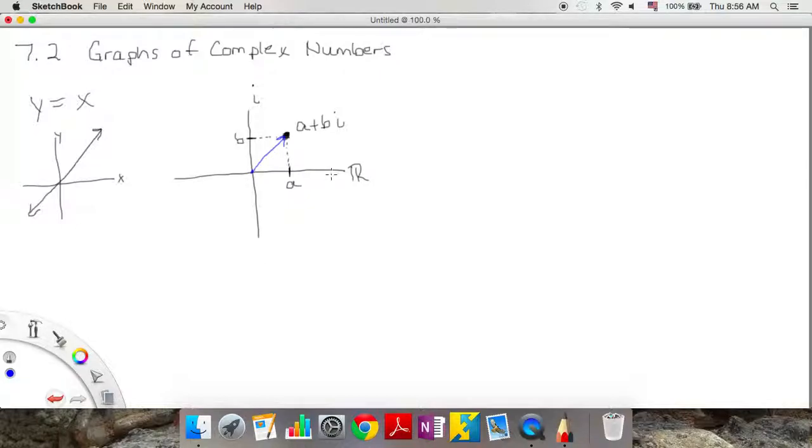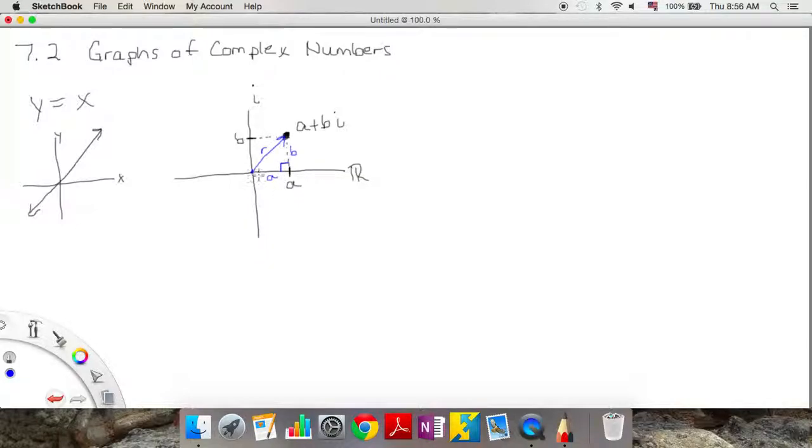Now, when you have a complex number, we said this was our a length here, and this is our b length here. We notice that this makes a right triangle, and our distance from the origin to the point that is that complex number, we're going to call r.